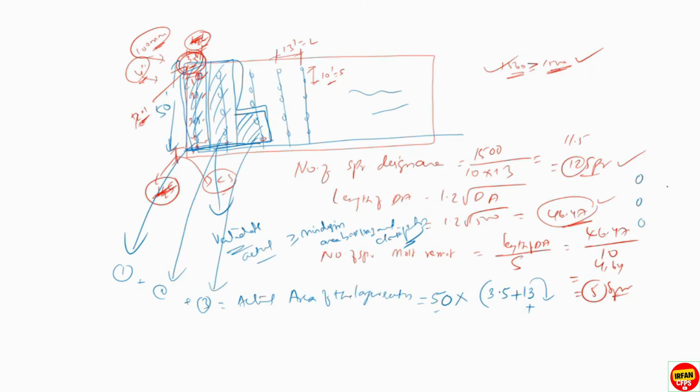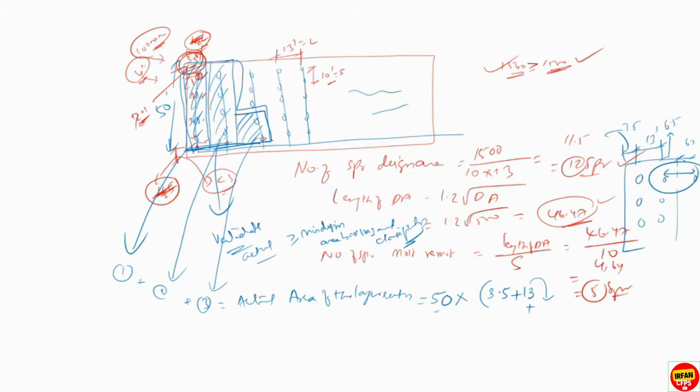So here you can see on the right hand side, this is wall, right? From the wall 3.5. Again, this one is 13 feet between the sprinkler L, and you will consider this half, right? Because here if you see, this will be 6.5.